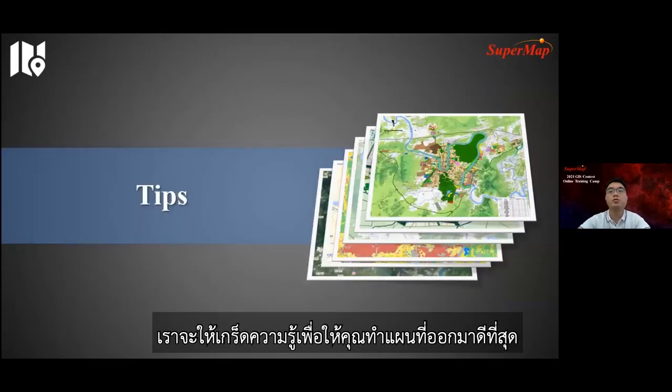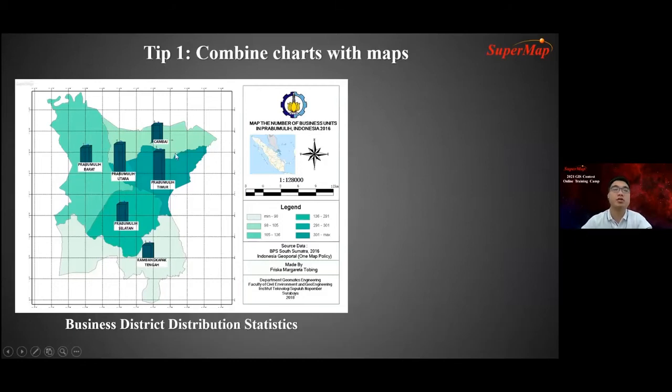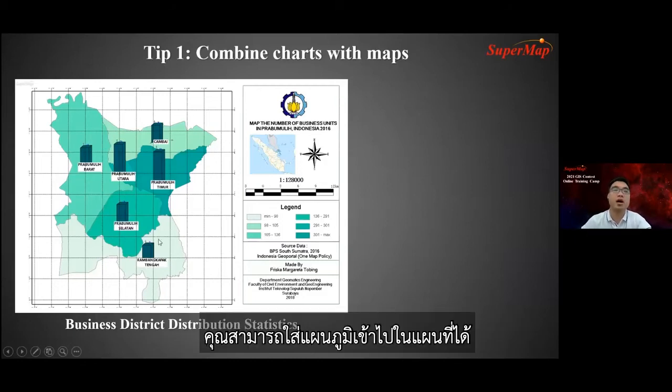And here we will also provide you some tips to help you optimize your map. The first tip, you can see actually after we set the symbol and the thematic map, you can combine with some diagrams, with some charts, and you can overlay these two layers together.